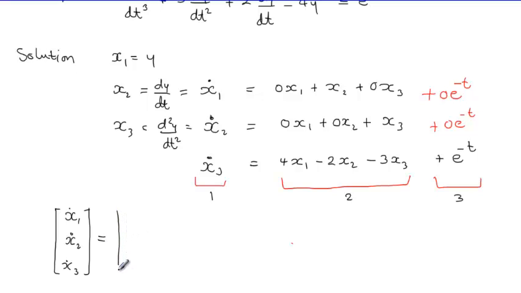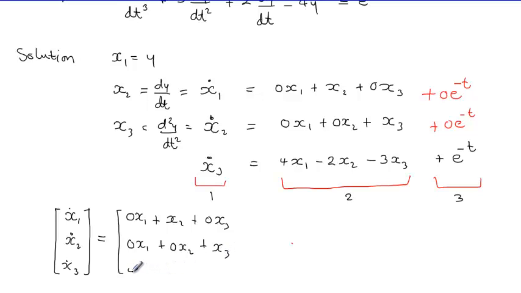Then the second matrix here will be 0 x1 plus x2 plus 0 x3, and then 0 x1 plus 0 x2 plus x3.